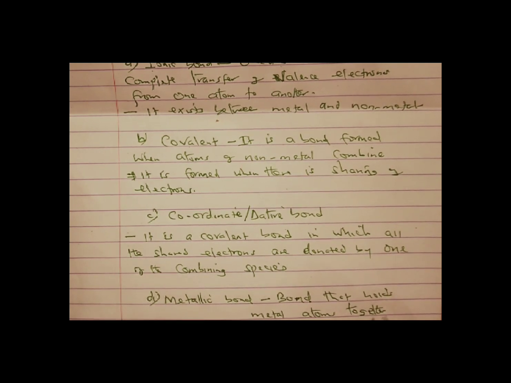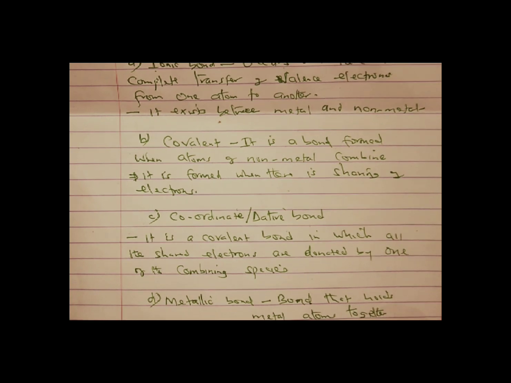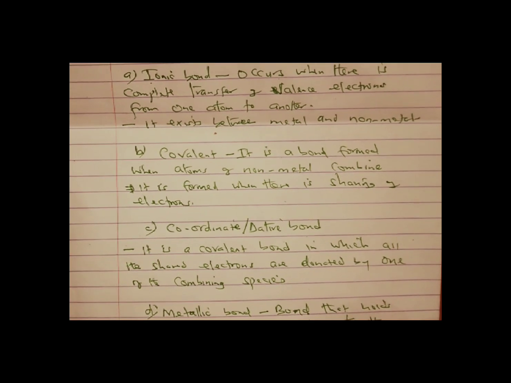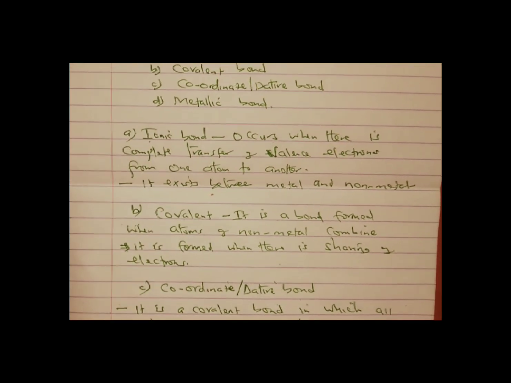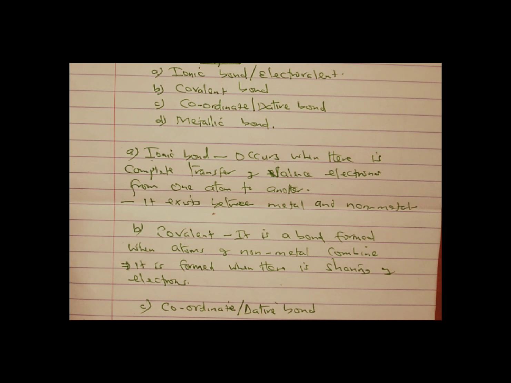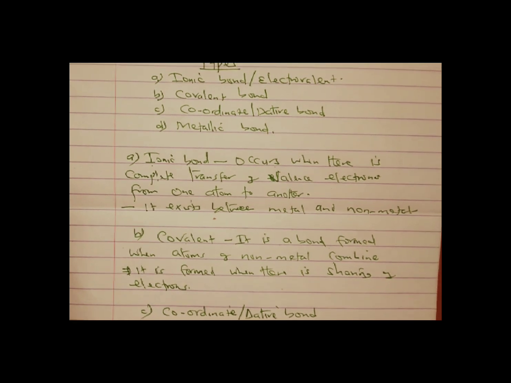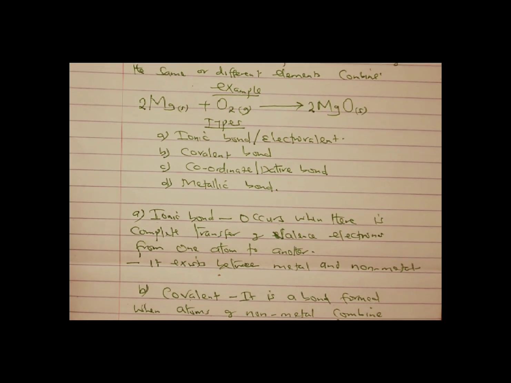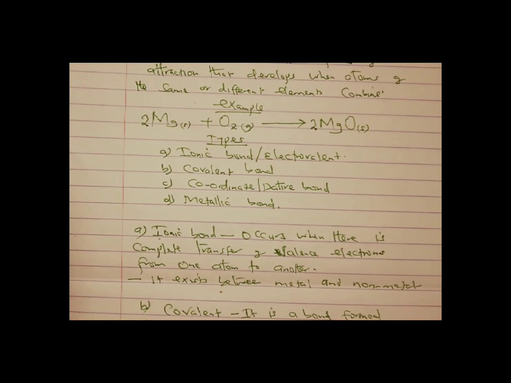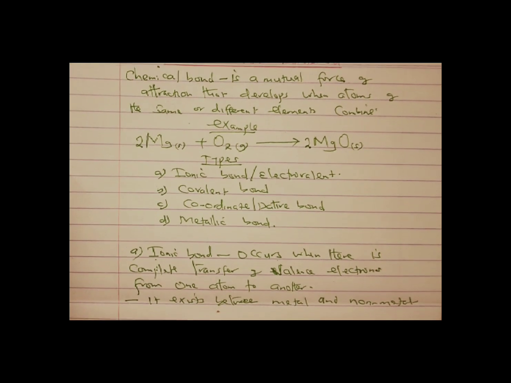In our next discussion, we are going to find out how the four types of bonds are formed and some of the compounds where we have those bonds being formed and some of the characteristics of each and every type of bond that exists.